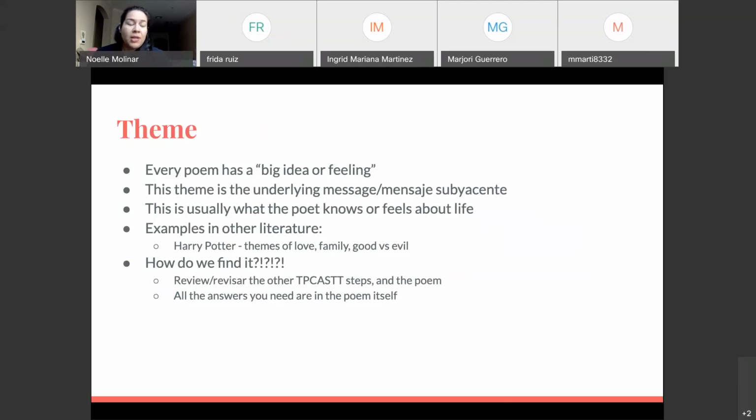Maybe now that we're ready for a paraphrase, we start getting a better idea of the theme. And if you're still feeling stuck, read the poem again. All the answers that we're looking for are in the poem. That is the source. That is the font of our information.